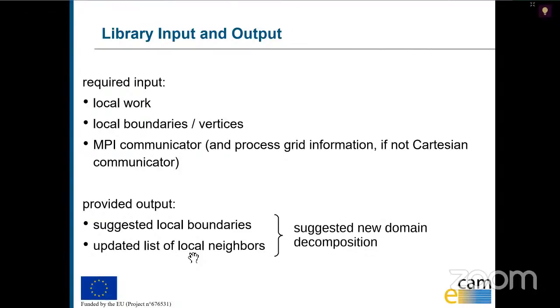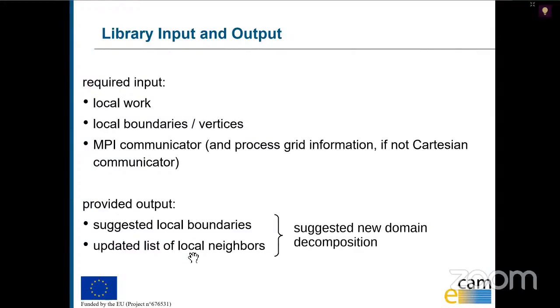So what do we actually get from these calls, or what do we need to provide the library? On the one hand, of course, we need to provide the local work on the local process. And also we need to provide the local boundaries or the local vertices of the local process so that we can do the shift, or that we can compute the new geometry.